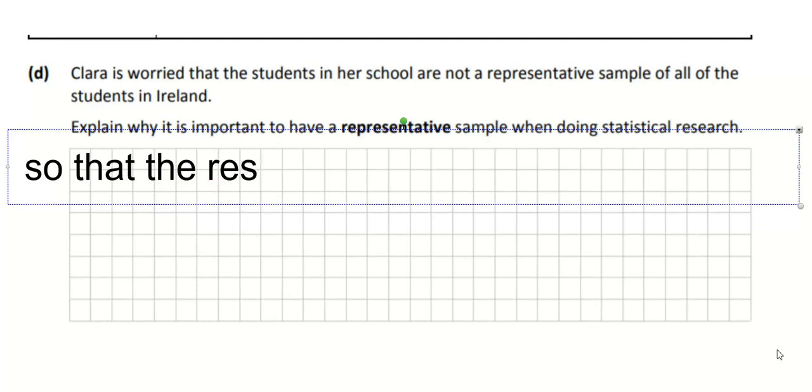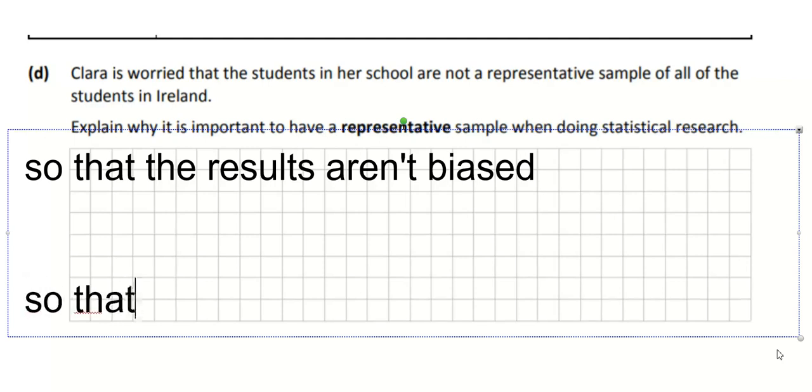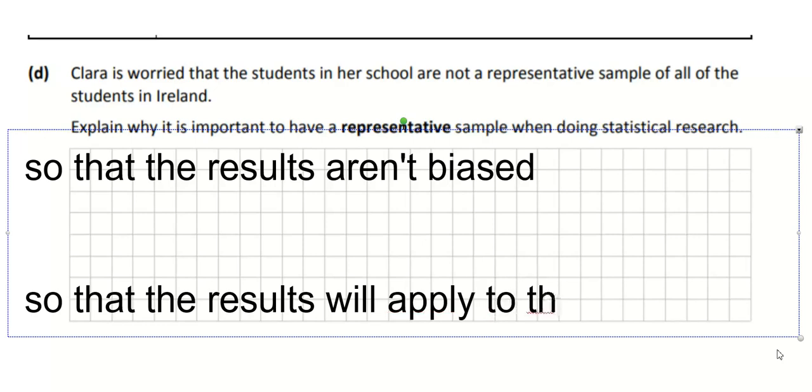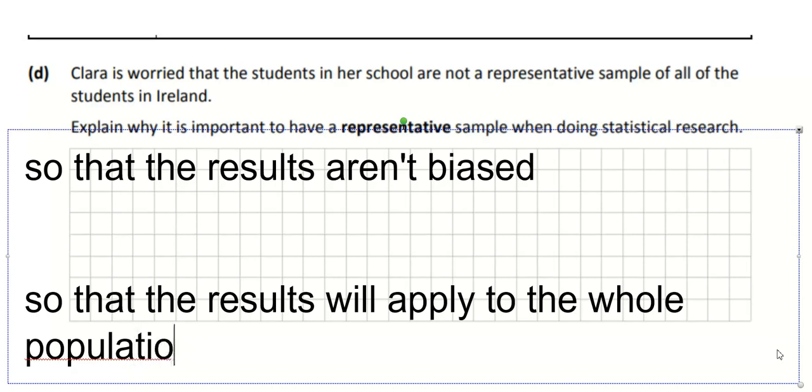So you can say just so the results aren't biased, or so that the results will apply to the whole population. It means it'll apply to every school in the country, not just our school, okay? And not just a sample.